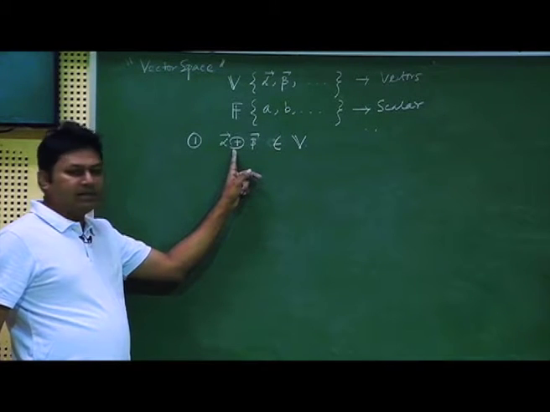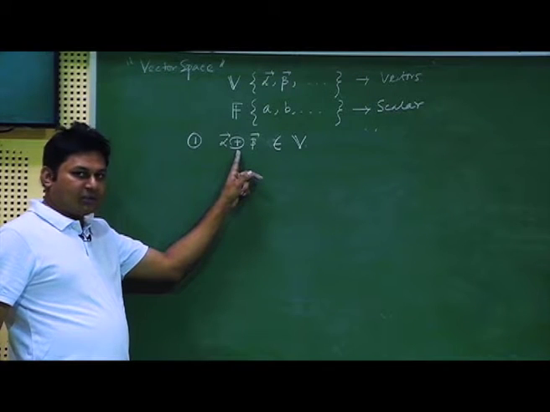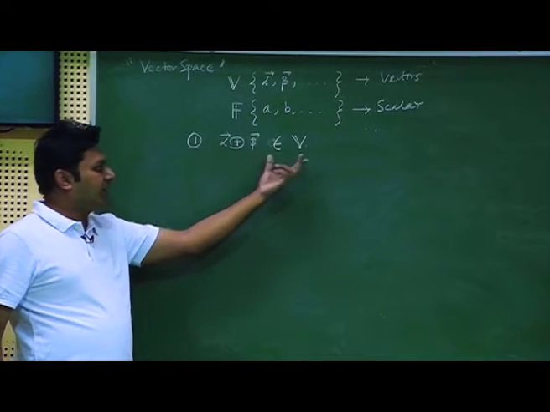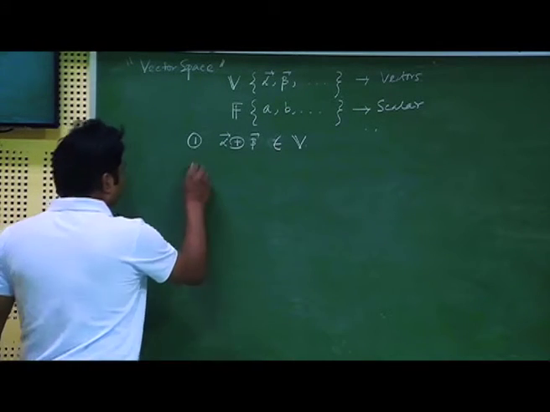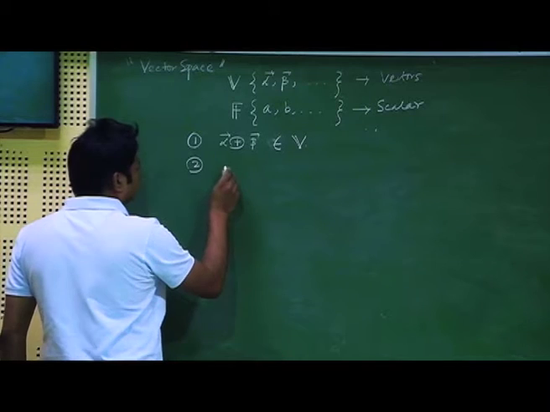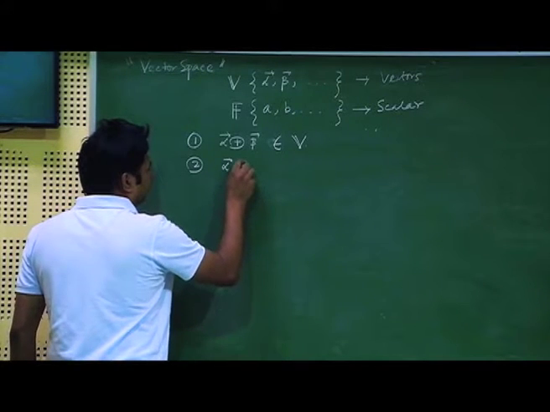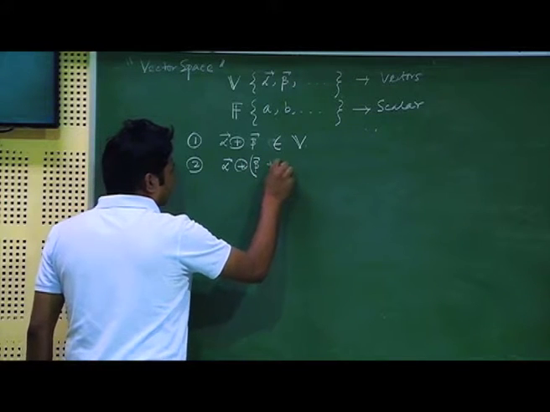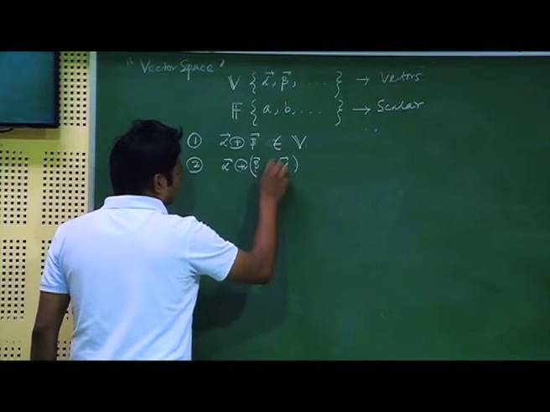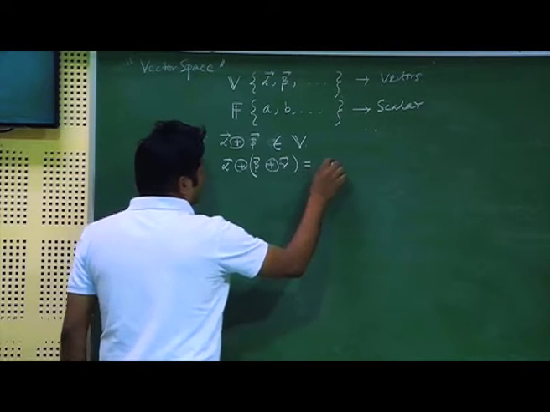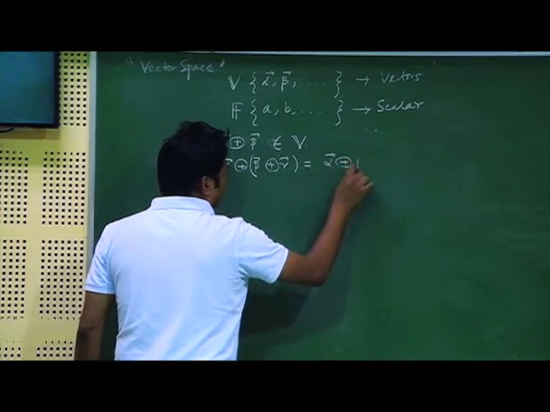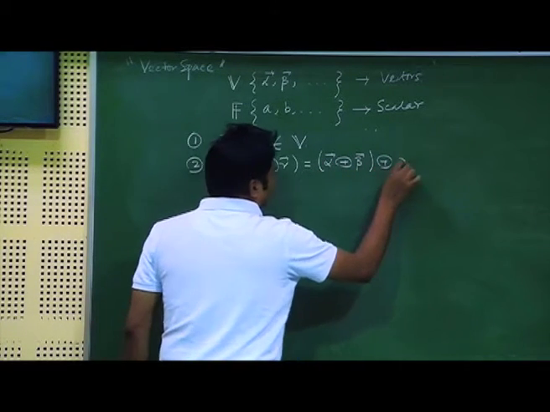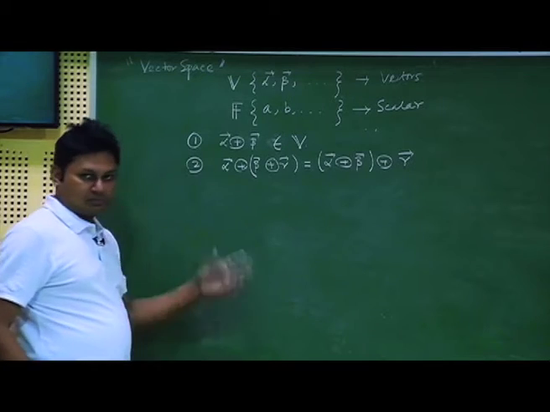I am associating these two vector elements with my plus operation, according to the rule that if these two elements are from the vectors, whatever result I get should be a vector. Second, alpha plus beta plus gamma is equal to alpha plus beta, the associative rule that we already defined.